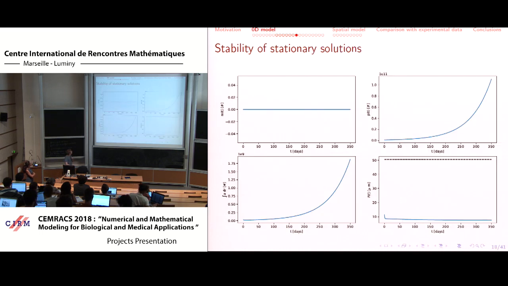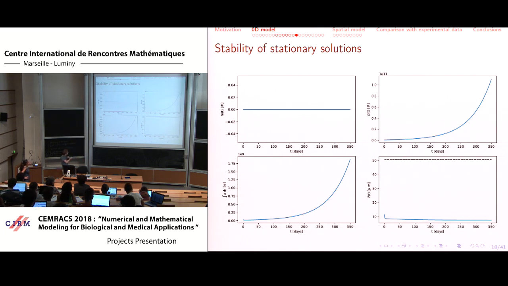However, if we look at the stability of stationary solutions, in this figure I represent the number of mesenchymal cells, the number of preadipocytes, and the total number of adipocytes, with initial values that are set for the stationary solution. So m is equal to 0 in this particular case, and for p, it is not 0 at the beginning, but the scale is very big here.